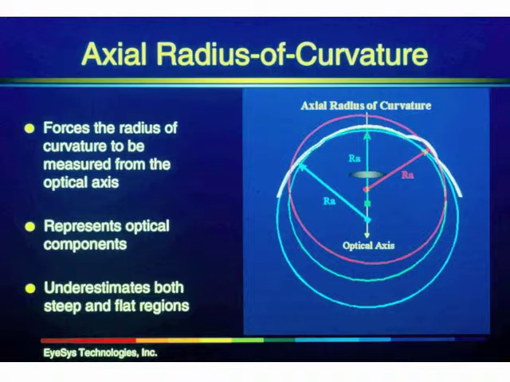I want to talk a little bit now about different ways that these topographic maps can be drawn, and then I want to discuss after that a little bit about what the problems are with topography generally. Anyway, the measurement that's actually taken of the cornea surface, and we're going to get back to this later, is radius of curvature.